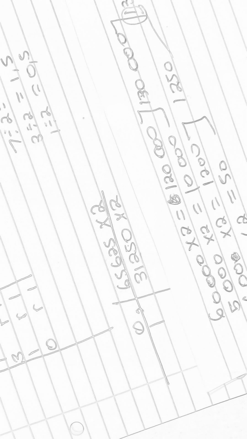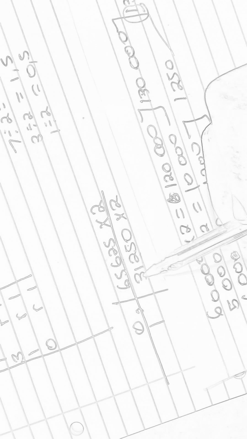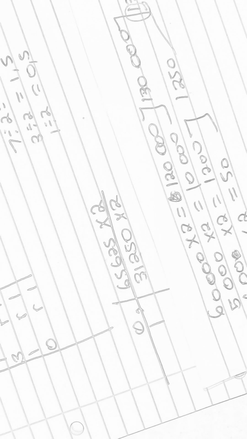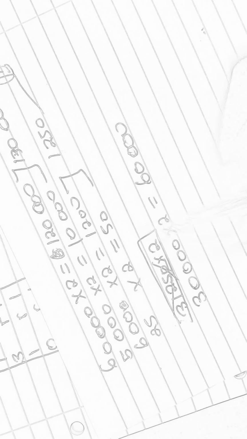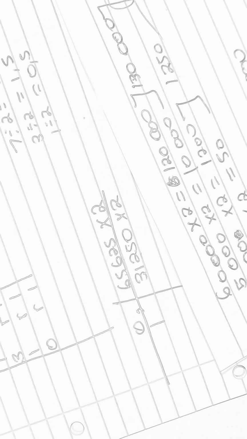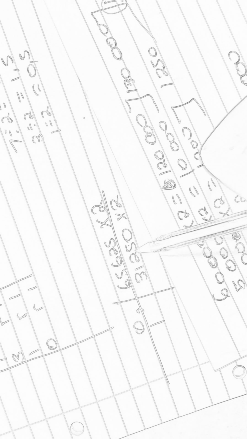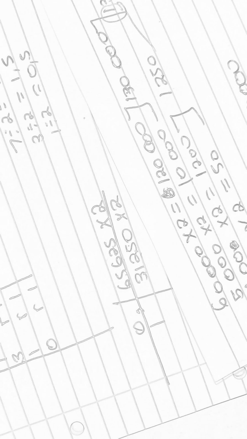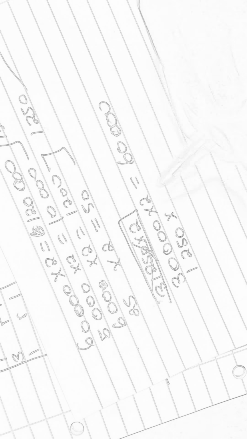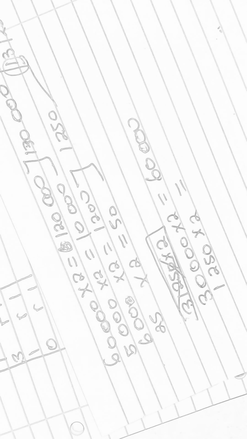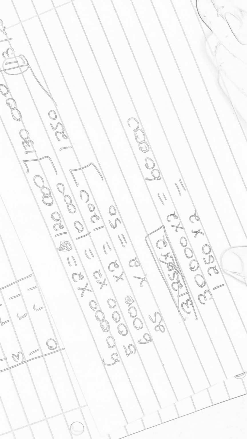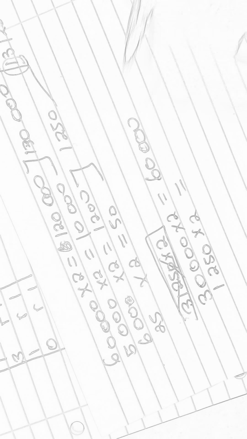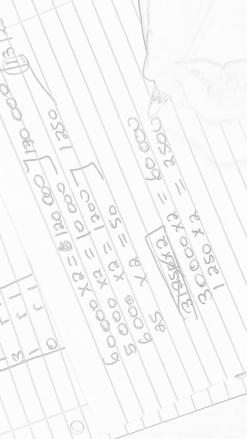Let me take the 3 first, 3 and 4 zeros, 1 2 3 4, times 2, which is 60,000, and then 1250 times 2, which is 1000 times 2 is 2000, and then 250 times 2 is 500, so it's going to be 2500.